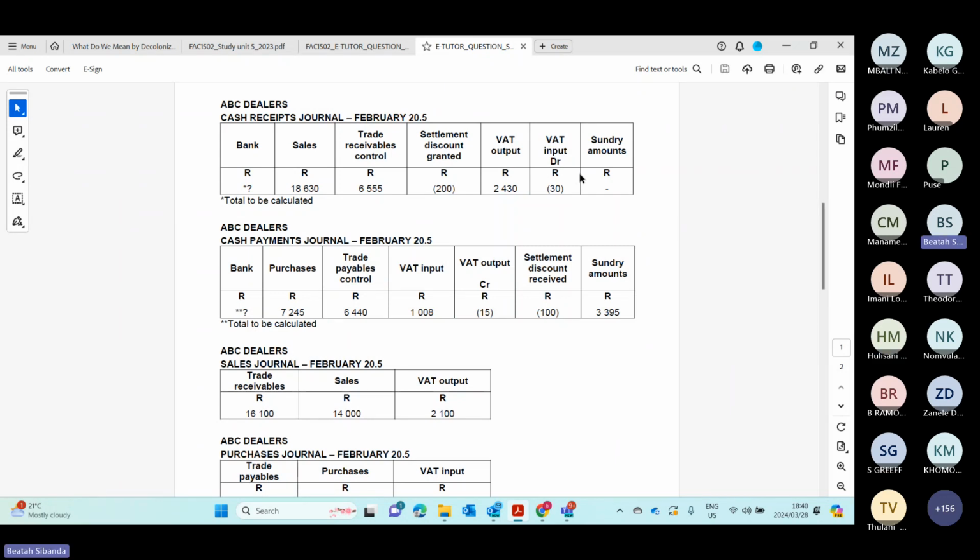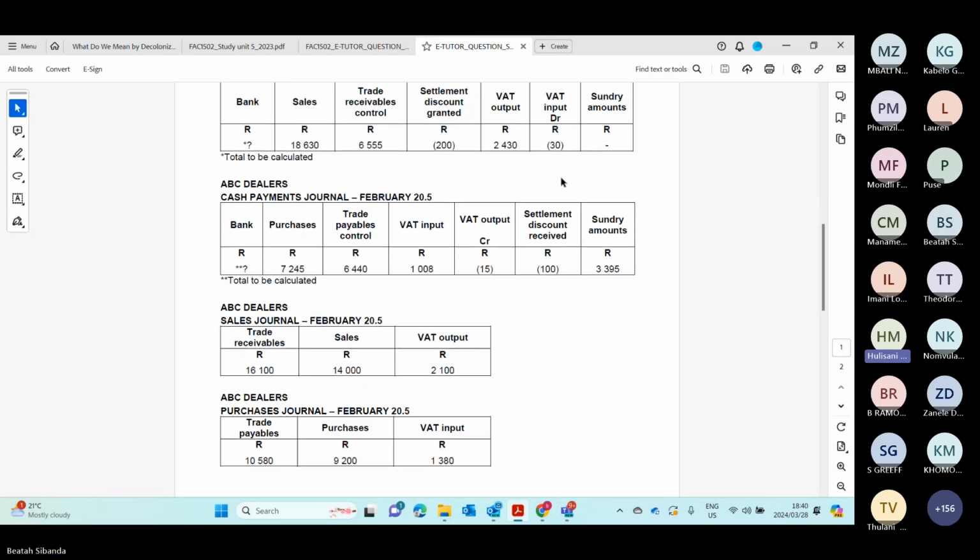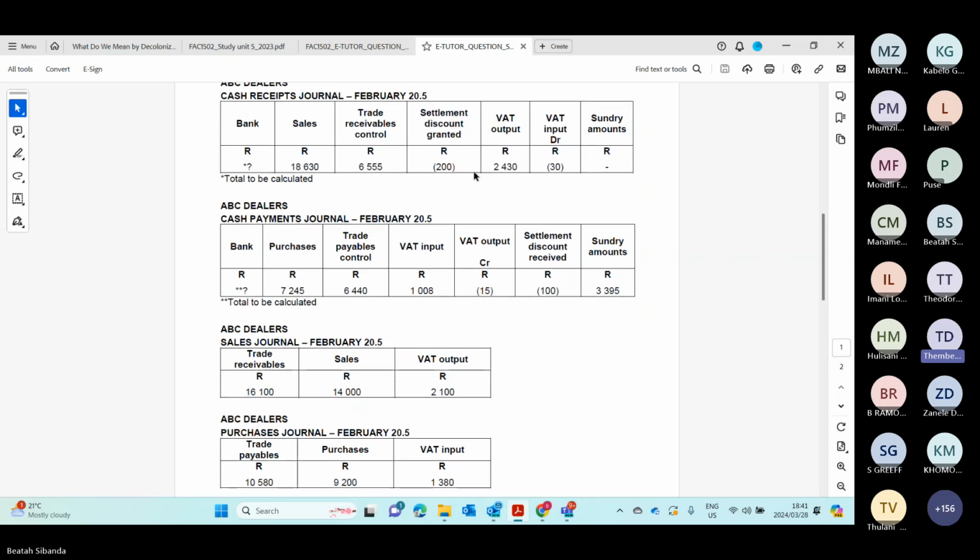Thank you. Okay. Sorry to interject, ma'am. I just wanted to ask, what is the difference between sales journals and your CRJs? Like what transactions do we add on sales journals and purchases journal? There are totals there. How did we get to those totals? In the cash receipts journal, we only record cash transactions.